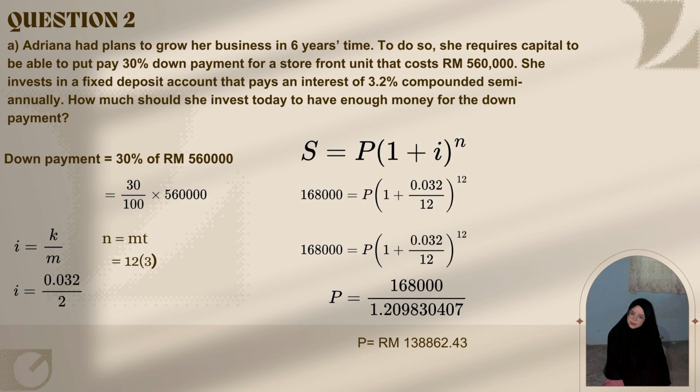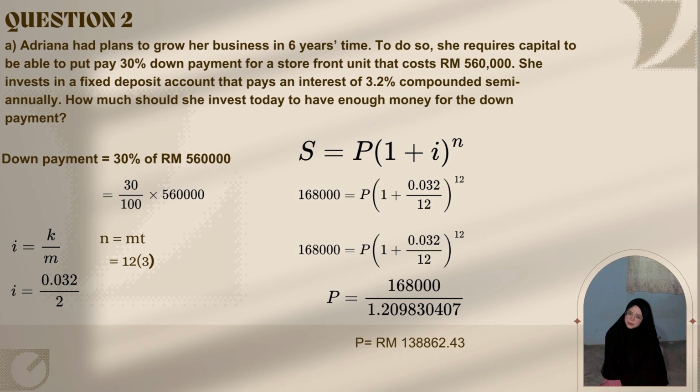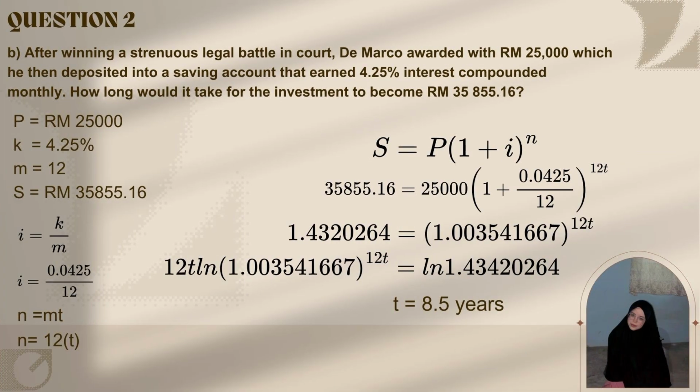To find P, 168,000 ringgit equals P multiplied by 1.016 to the power 12. Then S must be divided by this value. Thus, P equals 138,862.44 ringgit.